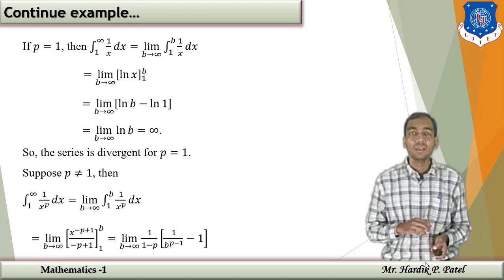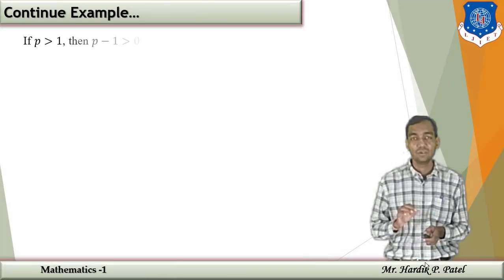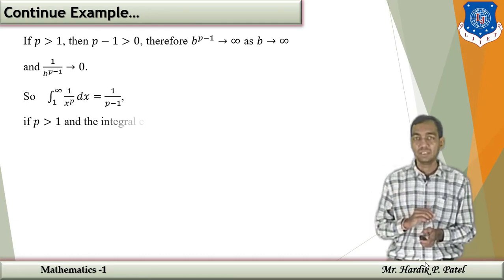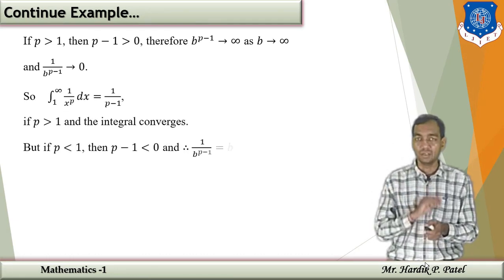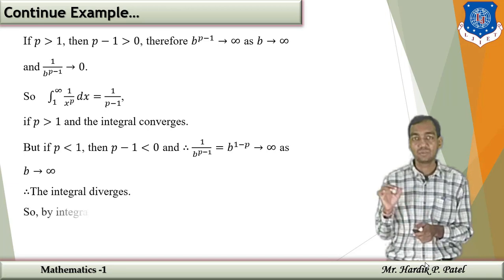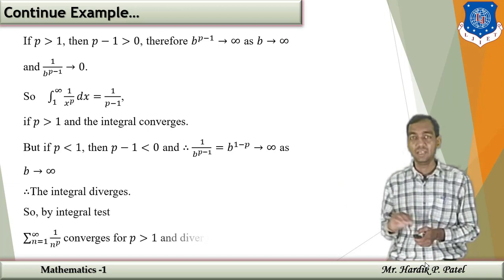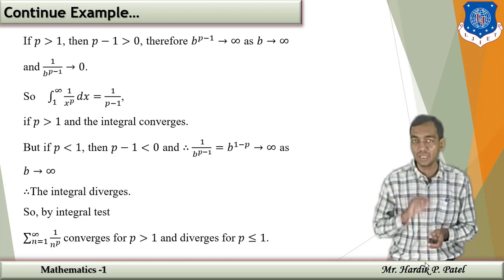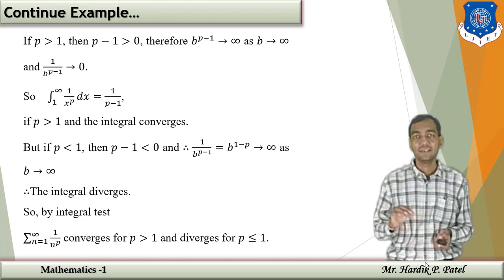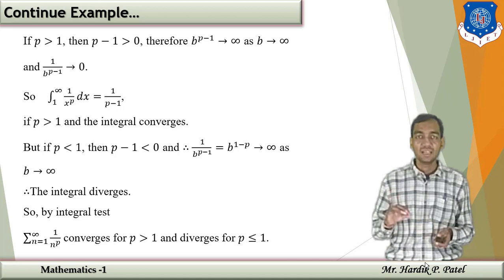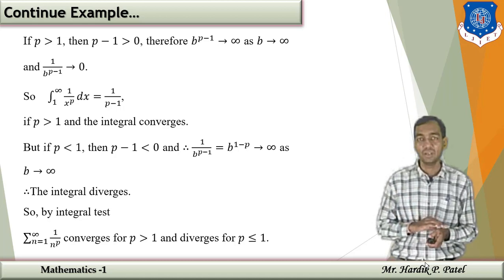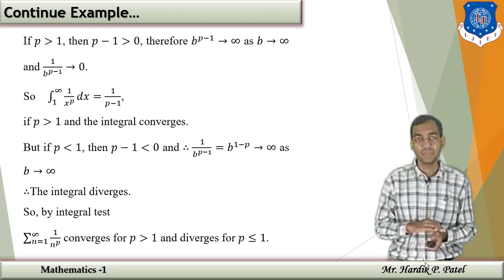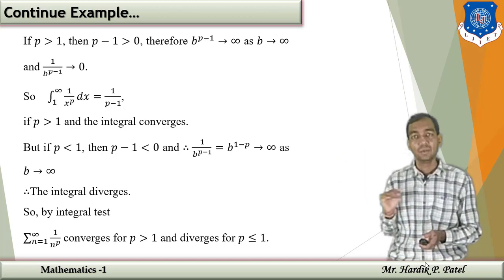Now, here we go with the cases of P minus 1. Suppose the power P minus 1 is positive, that means P is greater than 1. Then in that case, B raised to P minus 1 is tending to infinity because B is tending to infinity. Then 1 upon B raised to P minus 1 has a value 0. So in that case, your integration has a finite value, that will be 1 upon P minus 1.